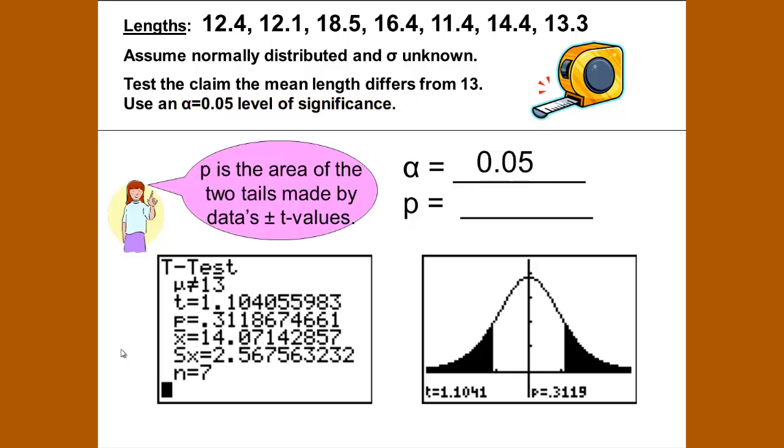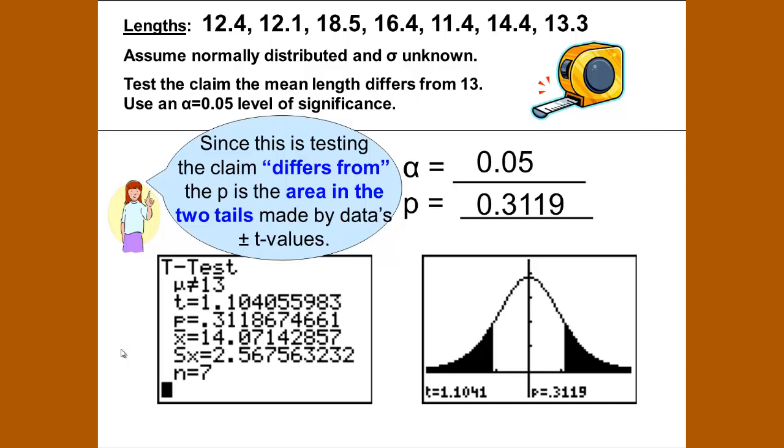Our p-value is the area of the two tails made by the data's plus or minus t-values. Even though it just gave you the positive values, there's actually a positive and a negative t-value. And the p-value total is given as 0.3119.